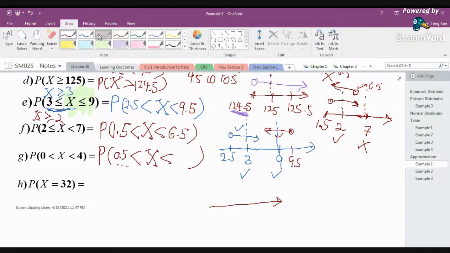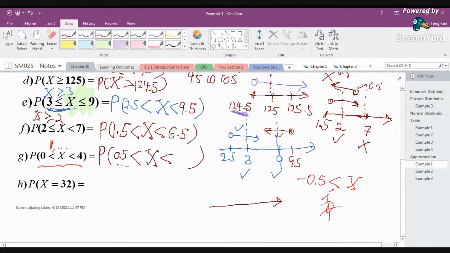So why do I want to choose 0.5? Because this is a discrete case where if we do not include 0, the next value will be 1 and so on. So the value starts from 1. So how can I start the value from 1? For the choice of negative 0.5 and 0.5, my choice will be 0.5, so that the next value is 1. If let's say you happen to have negative 0.5 as your choice, then your first value of x will be 0, but we don't want 0 in this case here.